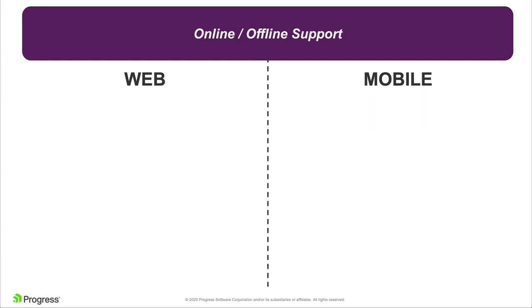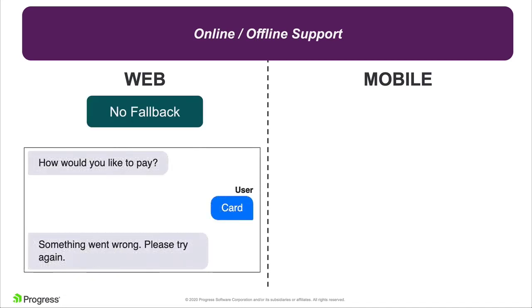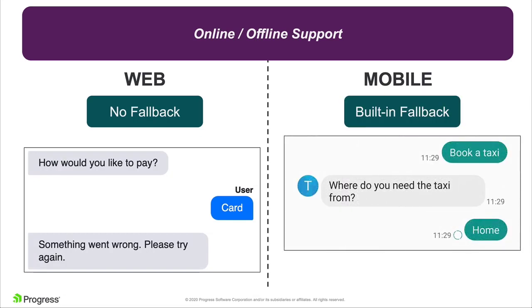One other big difference between the two is their online-offline support. In web chatbots, usually you don't get much of a fallback option. If you lose the internet connection and you provide some input, then the chatbot will not be able to communicate that to the server to give you an answer. While mobile-based chatbots have the fallback built in out of the box.